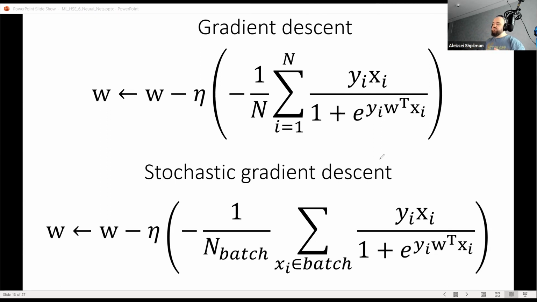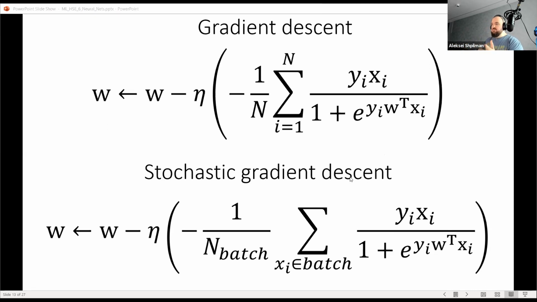So imagine we have some very noisy point in our data set. If we calculate the gradient on the whole data set every time, then this noisy point will always shift the gradient in the wrong direction. But when we go through batches, this noisy point will only be in one batch, and every other batch will shift it in the right direction.